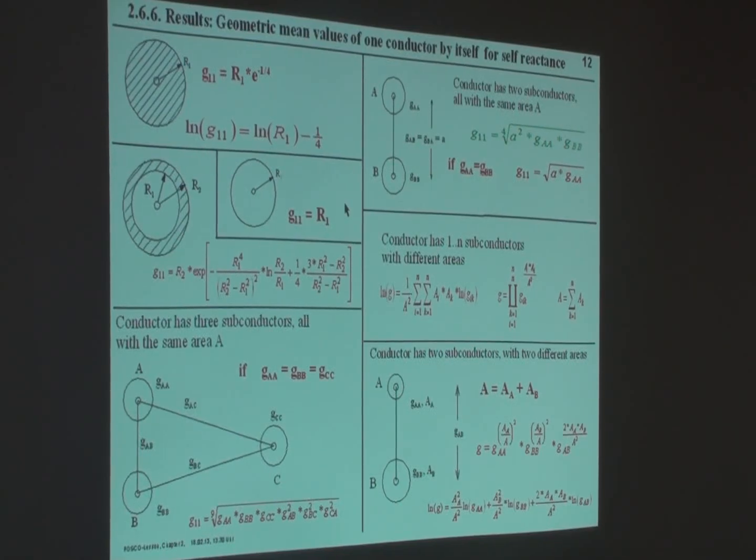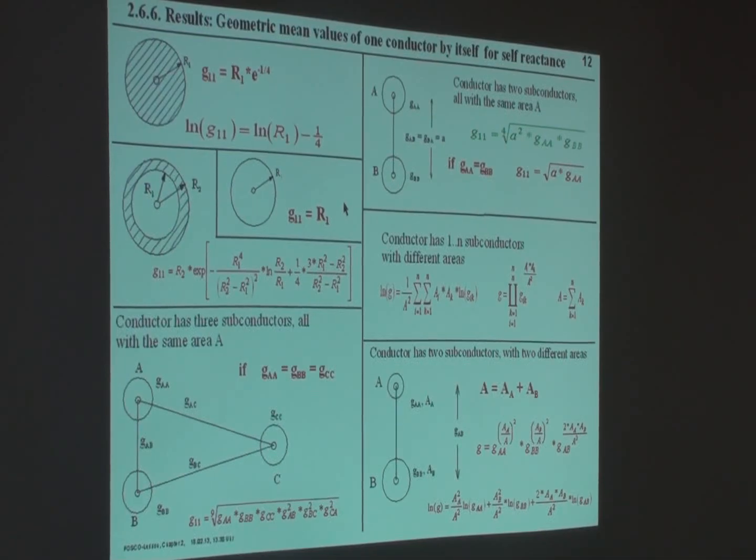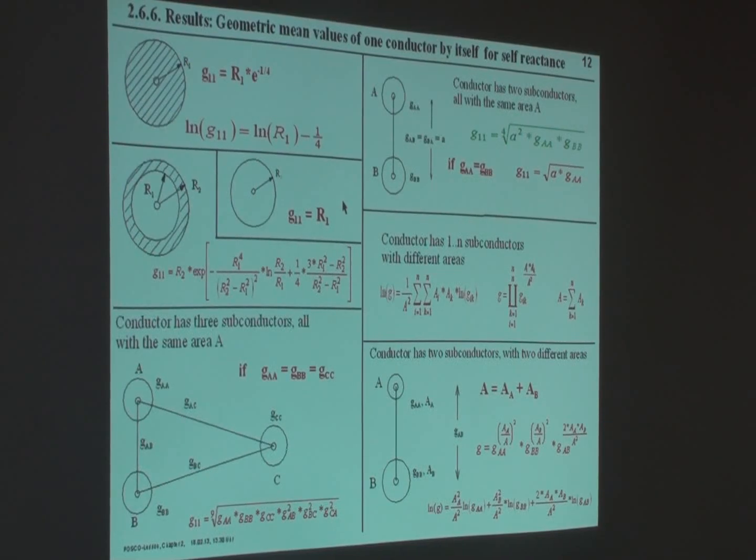It's one possibility. When this is conductor A, GAA is. So we have to combine all this: G11, G22, G21, G12. We have to multiply. And if the areas are the same, then okay, we have GAA.